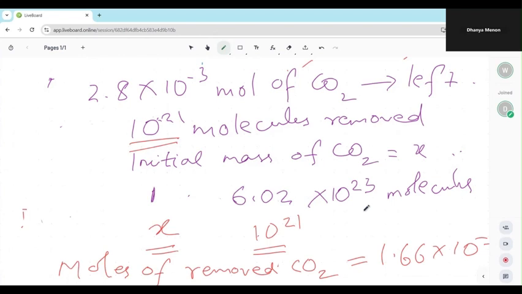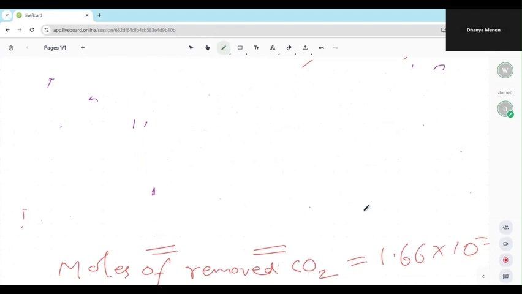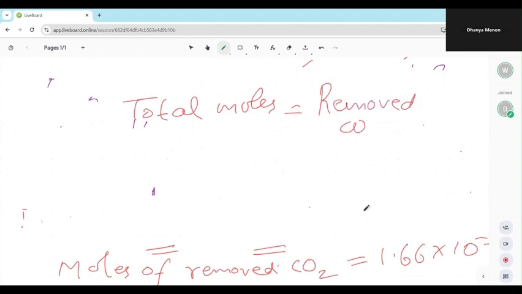I hope till here it is clear. Now, how much is the total moles? Total moles of carbon dioxide will be the removed carbon dioxide plus the left one.